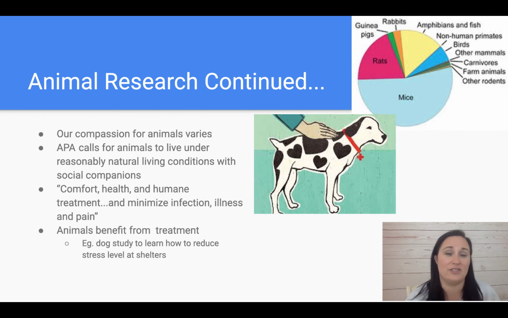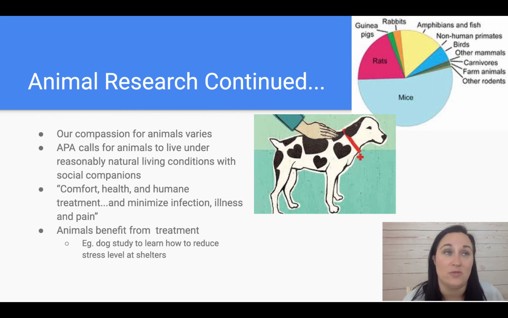Whenever they are doing studies with animals, they have to make sure that the comfort, the health, and the humane treatment of the animal is of utmost importance. Obviously, these things can happen, but we're trying to minimize any sort of pain, any sort of infection or illness that the animal might experience.